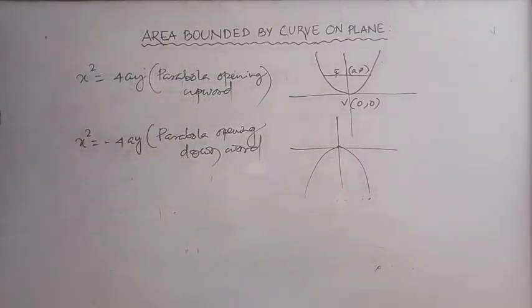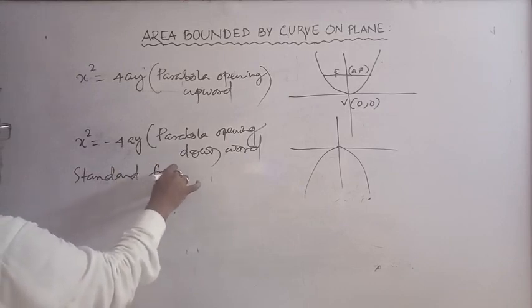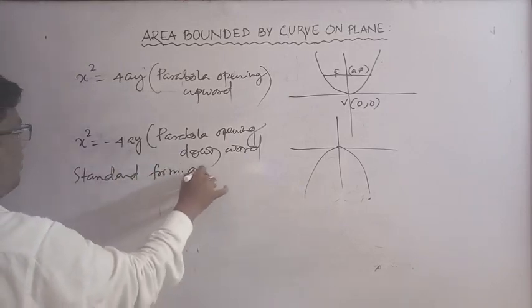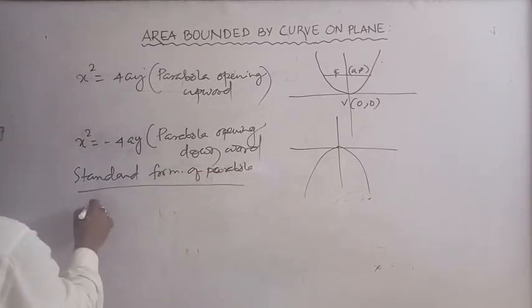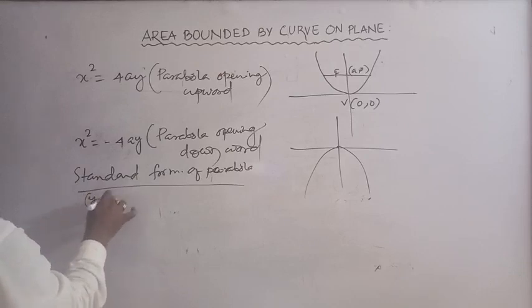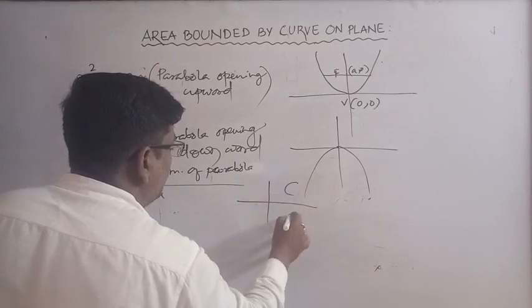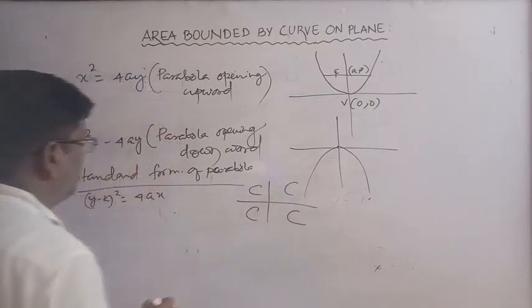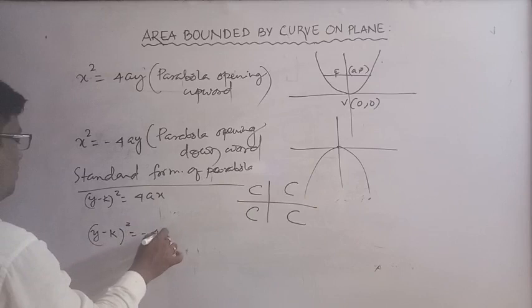So the standard form of the parabola: y minus k whole square is equal to 4ax, opening right side, maybe this, depends on the vertex. Then y minus k whole square is equal to minus 4ax.